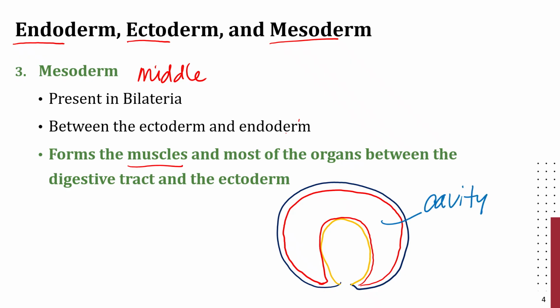And the cavity that forms is going to be a little bit different depending on the organism as well. So some of our organisms have endoderm and ectoderm. Others also have the mesoderm.